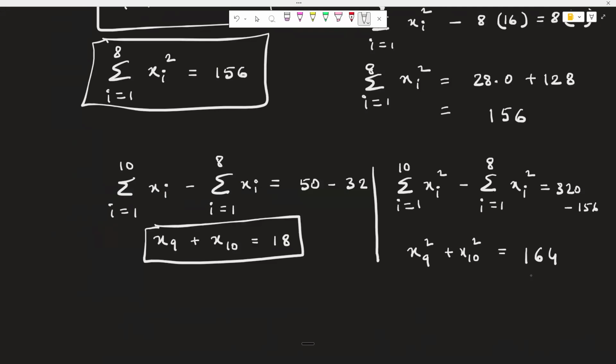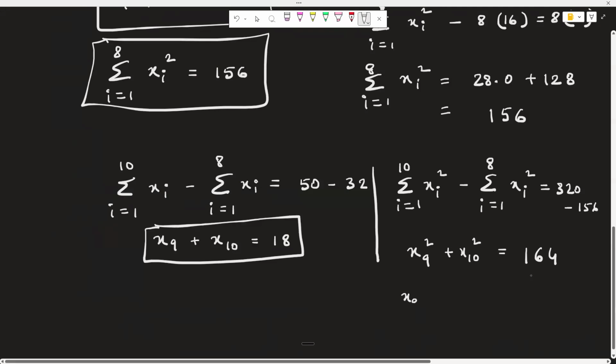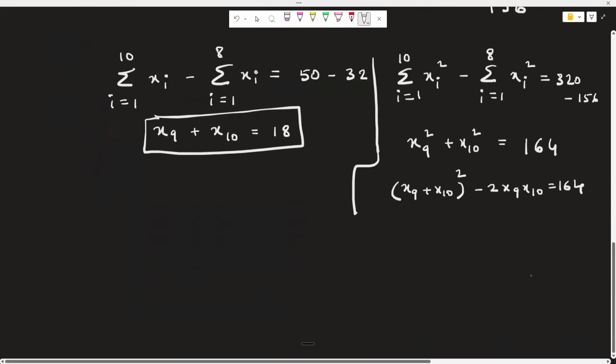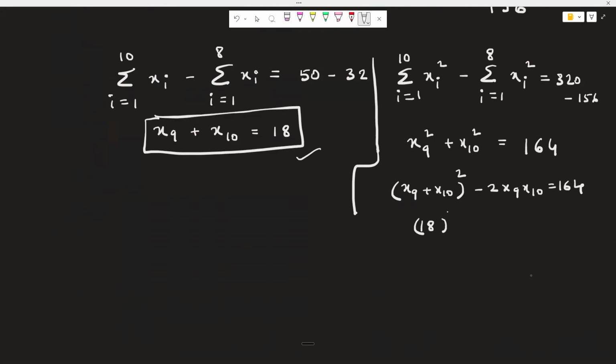So this x9 square plus x10 square can be written as x9 plus x10 whole square minus 2 times x9 multiplied by x10, which is 164. We know that x9 plus x10 is 18. So 18 square minus 2 into x9 into x10 is equal to 164. 18 square is 324, minus 2 times x9 x10 is 164.